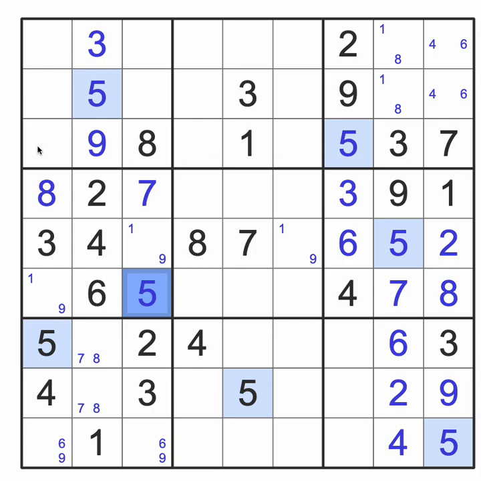And these are 2, 4, 6. But this 4 blocks this cell. This 4 blocks this cell. Leaves only this cell for 4 on row 3.